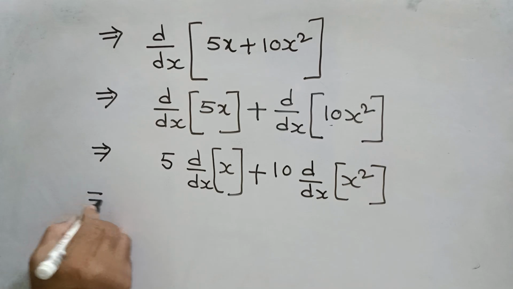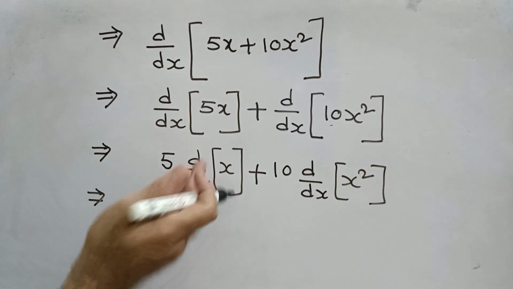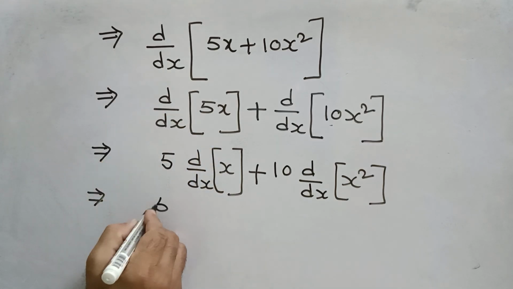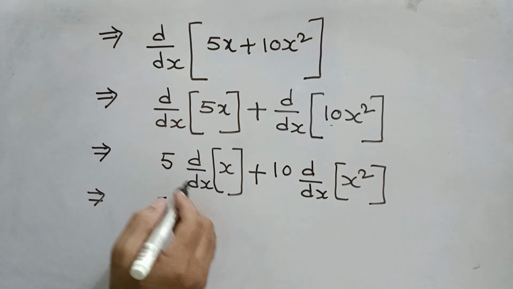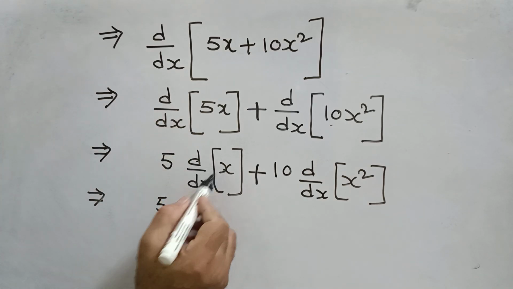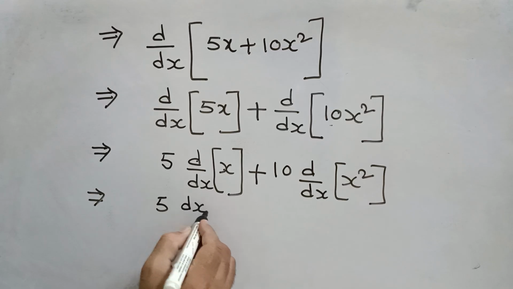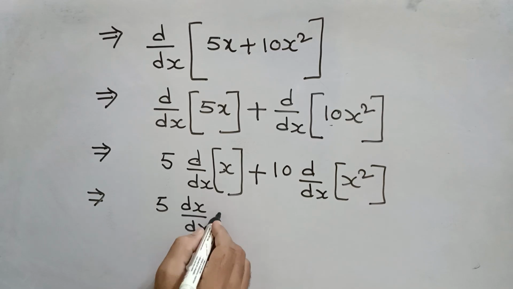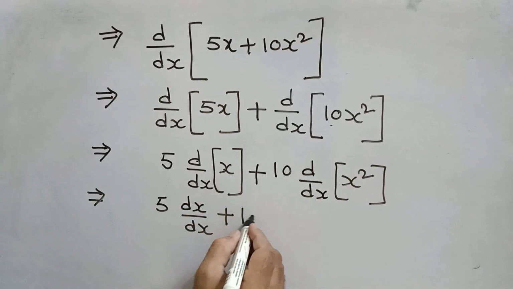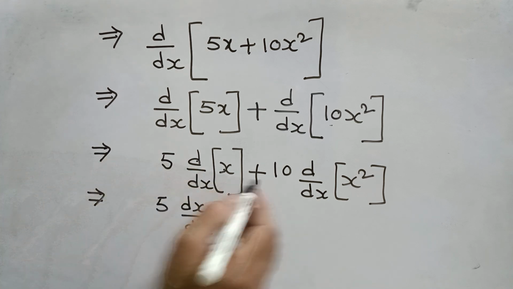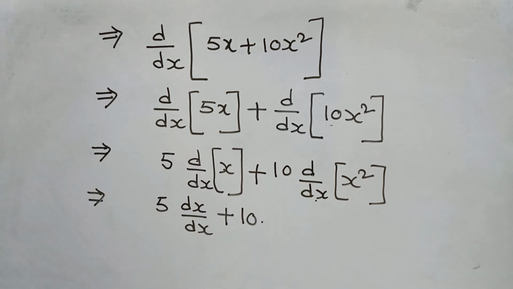Clear? As in our initial example, this is dx by dx, plus 10 times d by dx of x square.